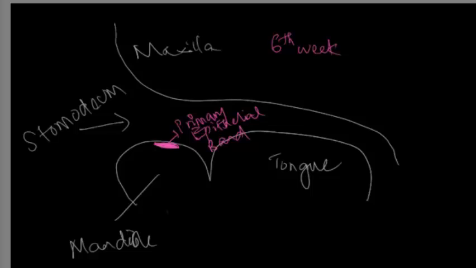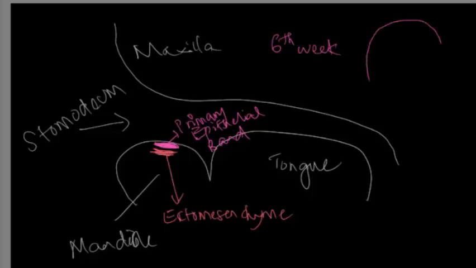And right underneath that you have the ectomesenchyme, which condenses. So this primary epithelial band proliferates in the form of a horseshoe shape, which is going to be the future dental arches, the maxillary dental arch and the mandibular dental arch.